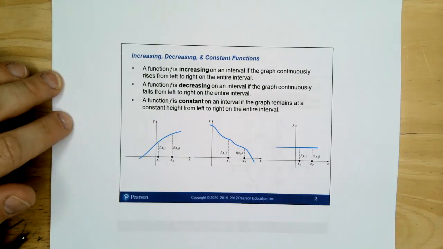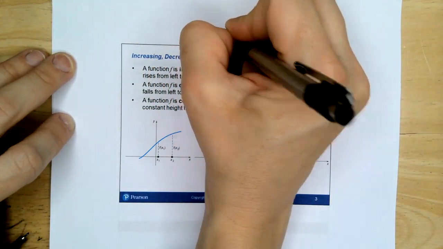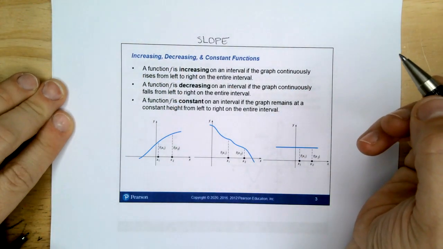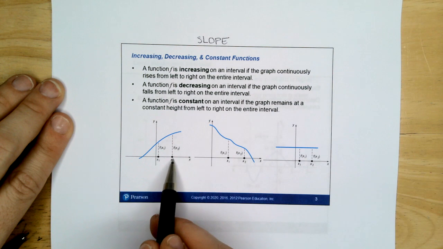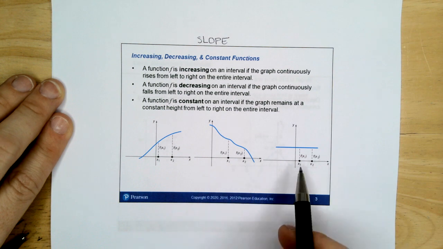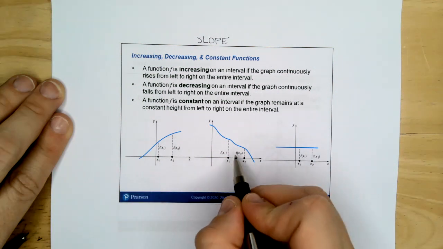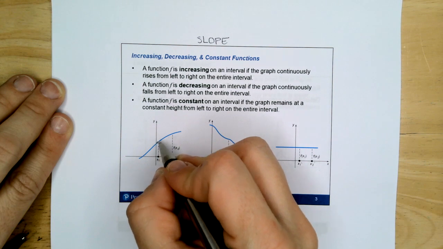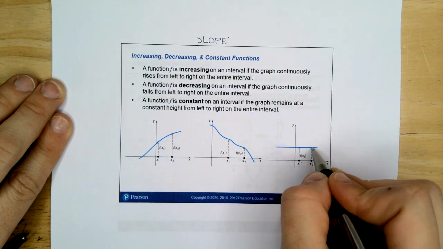When we are talking about increasing, decreasing, and constant, we are talking about the slope of the function, okay? So from f of x1 to f of x2. That sounds confusing, but what they mean is from here to here. If you can see it on your paper, it's x sub 1, x sub 2, x sub 1, x sub 2, x sub 1, x sub 2. So those are your two x values, the x of point 1, the x of point 2. And so this would be your y value of point 1, your y value of point 2.